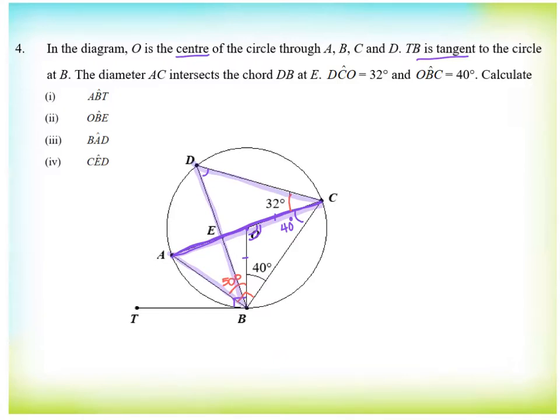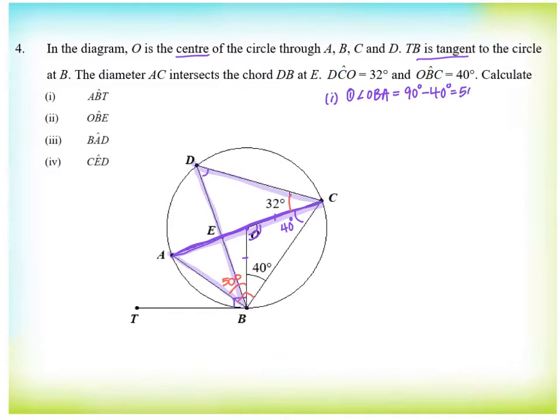Alright, then let's begin with the question. The question asks us to find angle ABT. Now we already know that angle OBA is 50 degrees. Right, so we're going to write for part 1. First, we know that angle OBA is 90 minus 40 degrees.